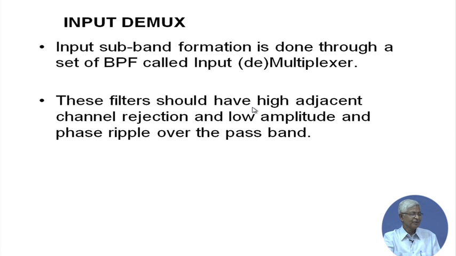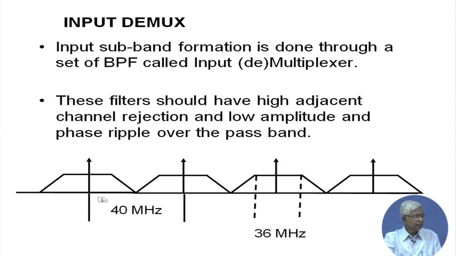These filters should have high adjacent channel rejection because they are contiguous, and low amplitude and phase ripple. Filter phase and amplitude ripple should be low over the pass band. So the whole available frequency band is shown here, each divided into 40 megahertz segments.